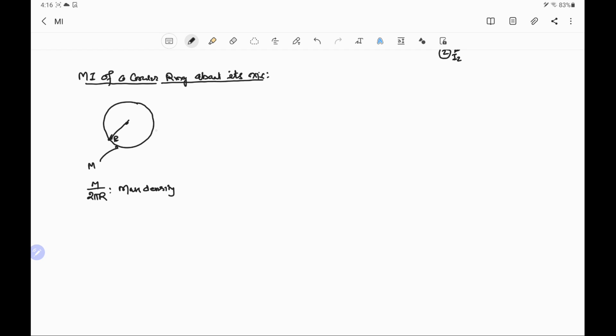Because mass is distributed continuously, we have to use the technique of integration to find the moment of inertia, that is I equal to integral dI, or we can write it as dm into r square. We have to use this formula. For that, we take an elementary length, say it is dx, and it subtends an angle d theta.